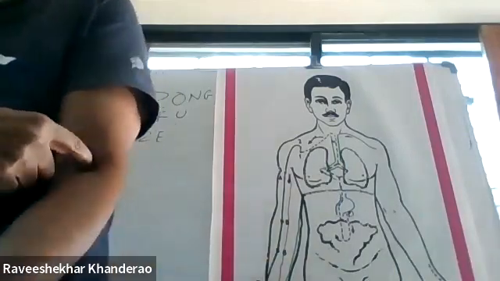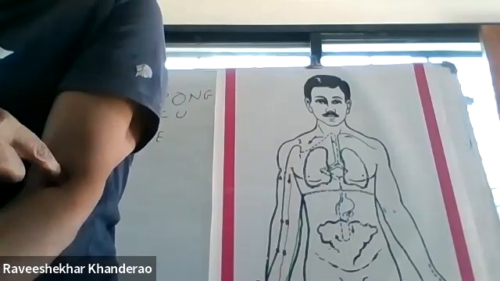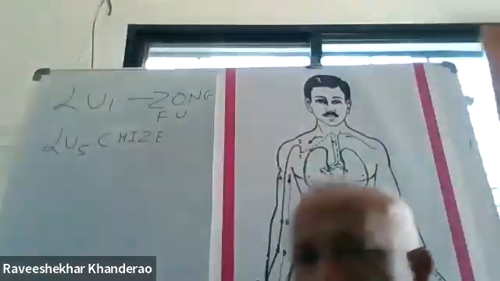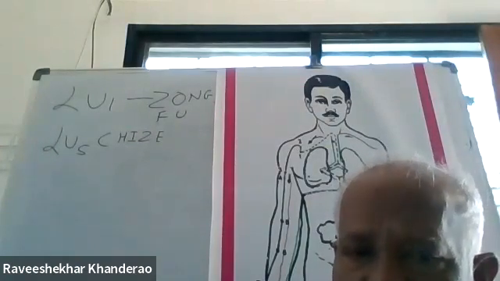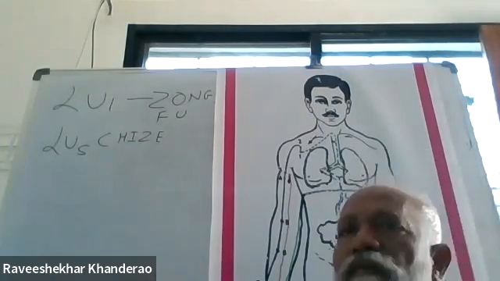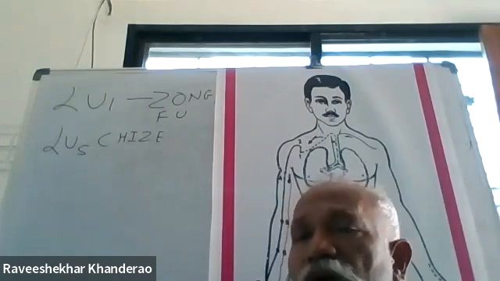See here, this is a tendon. Can you see the tendon? Next to it is the lung 5 point. On the lateral border of the tendon, the attachment of the biceps muscle when the arm is flexed. When we flex the arm, the tendon that appears, beside it is the point.